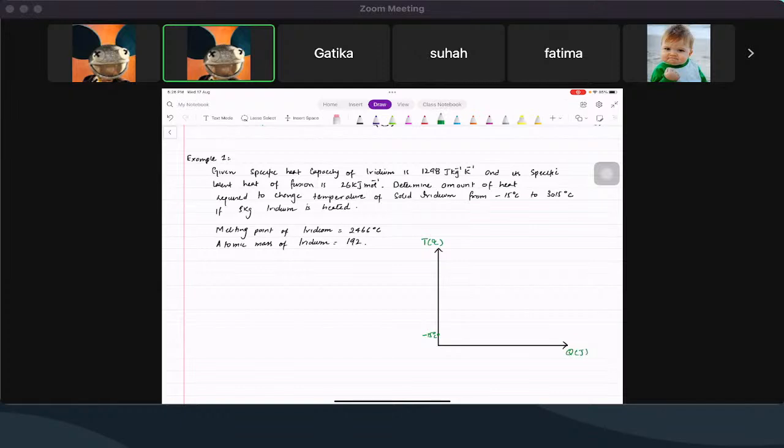So when you want to go from minus 15 to 3015, we also know that it will start melting at this temperature. It means first we need to raise it to 2466, and then it will start melting. And after it has melted completely, it will then again go up to 3015 because we need to raise the temperature. Is it clear?